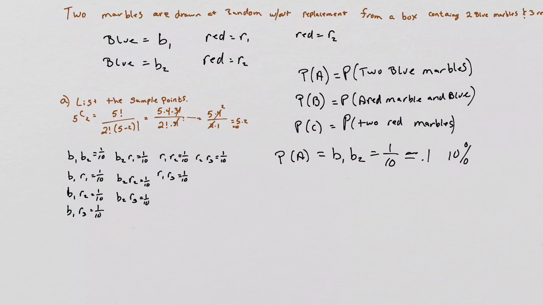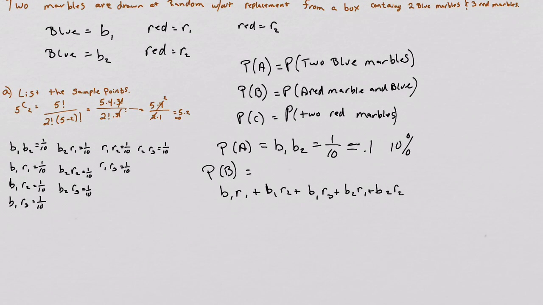All right, the probability of event B happening. Well, I'm going to list out all the different possibilities of getting a red and a blue marble. I can get blue sub 1, red sub 1. I'm going to have to add them up. Blue sub 1, red sub 2, blue sub 1, red sub 3, blue sub 2, red sub 1, blue sub 2, red sub 2, and then blue sub 2, red sub 3.